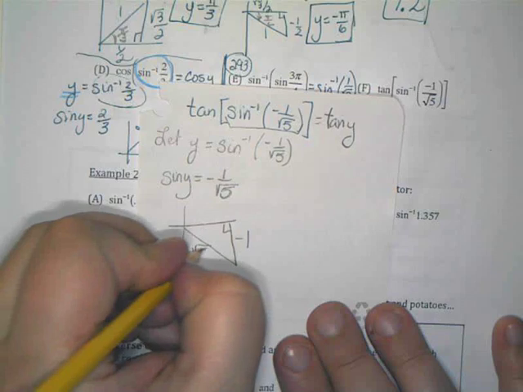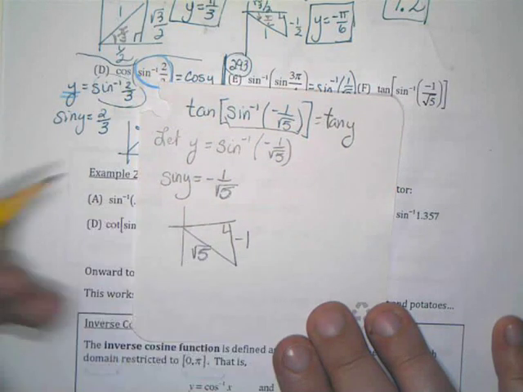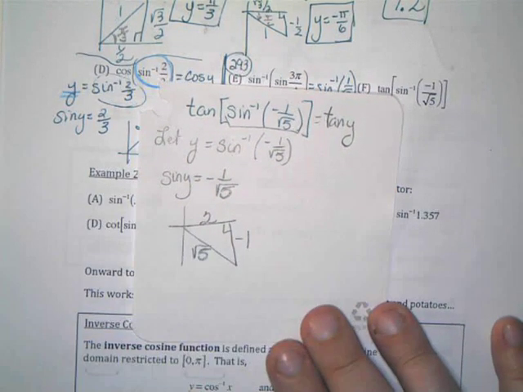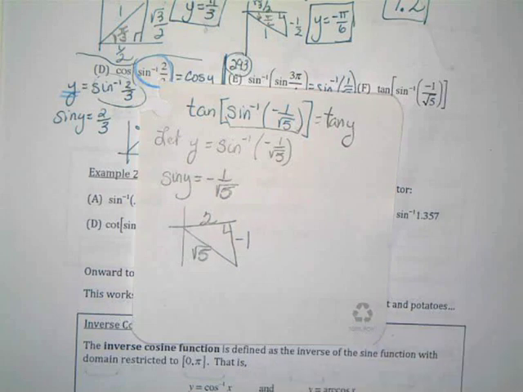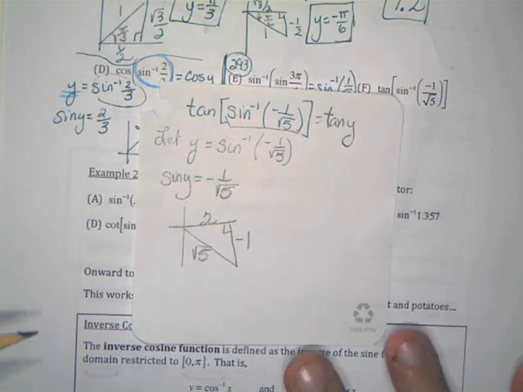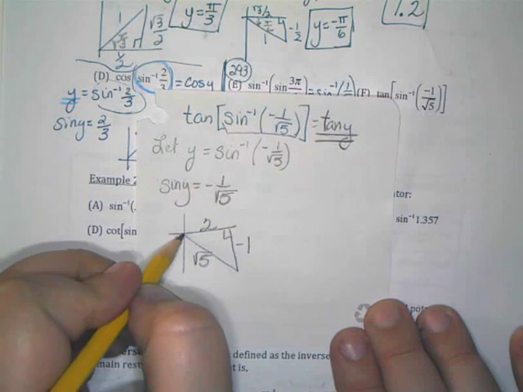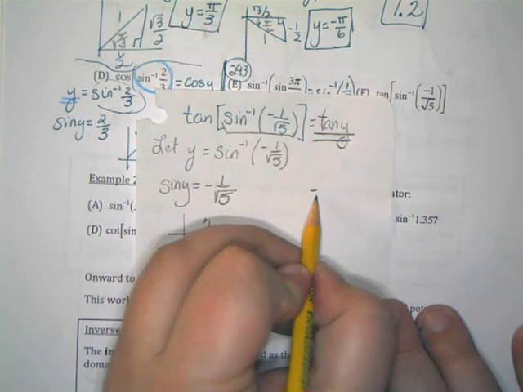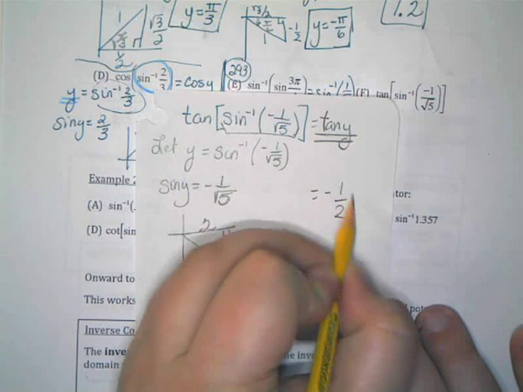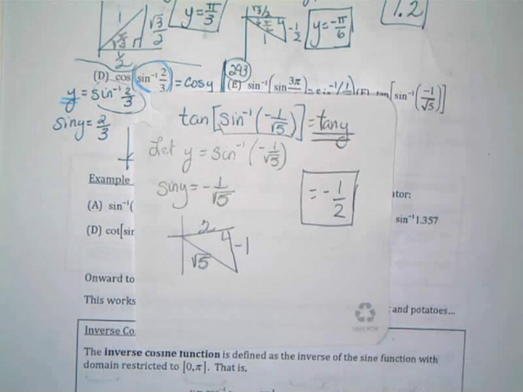Opposite over hypotenuse. It should be 2. Double check me. So now we're looking for the tangent of this triangle. The tangent is opposite over adjacent, so it is equal to negative 1/2. That's our answer.